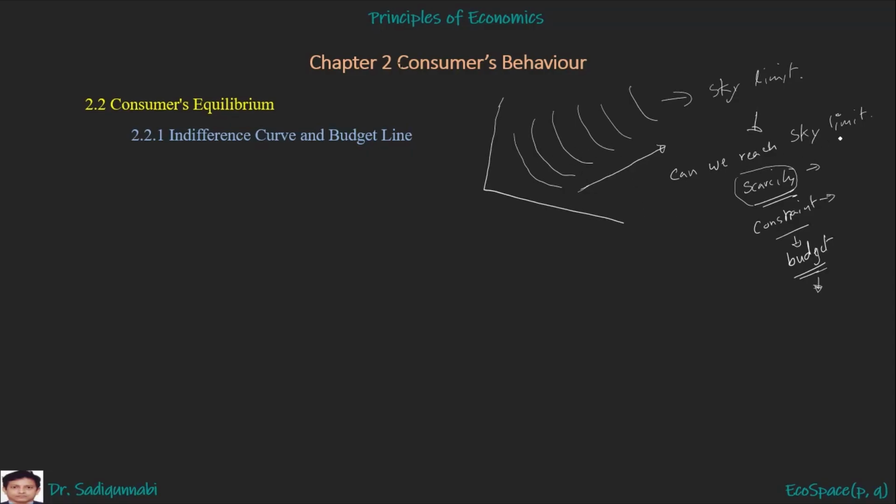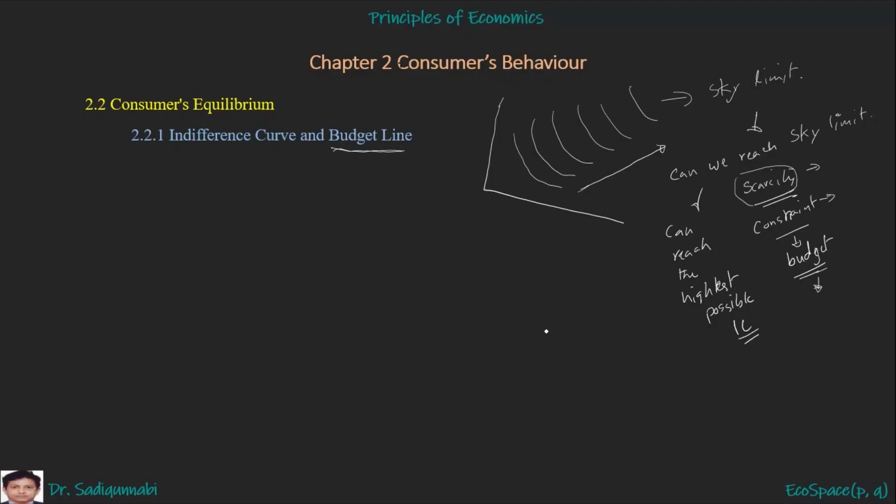With this limited amount of resources, we are going to reach the highest possible IC. We can't reach the sky limit, but we can reach the highest possible IC. So that's why we need a budget line. Okay. And the budget line can be formed in this way.